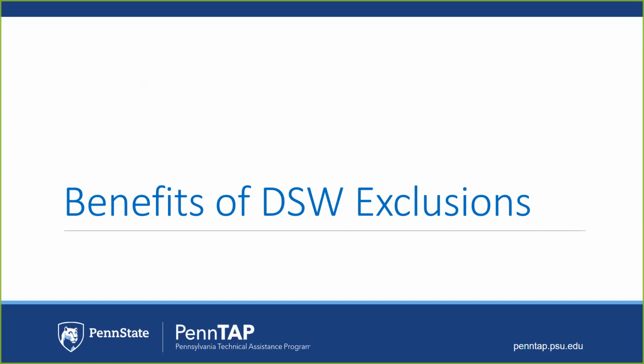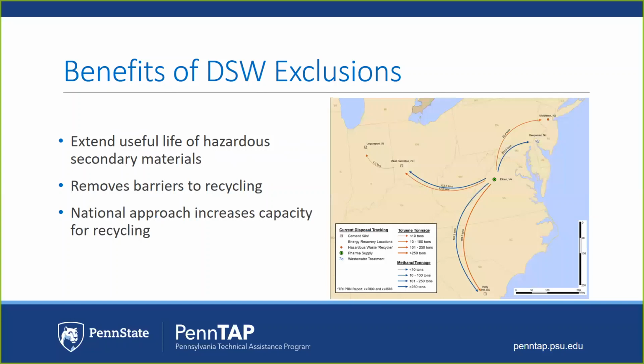As we reach the end of this discussion, I'd like to take a moment to recap some of the benefits of DSW exclusions. One important benefit is the extension of the useful life of hazardous secondary materials.